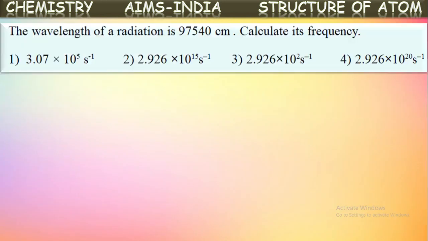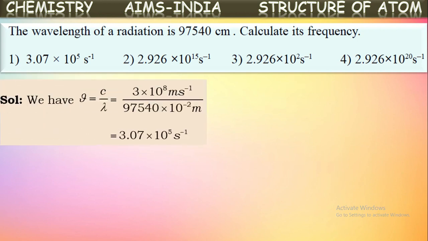Next question. The wavelength of a radiation is 97,540 centimeters. Calculate its frequency. They have given the wavelength and are asking to calculate frequency. What relation do we have between these two?